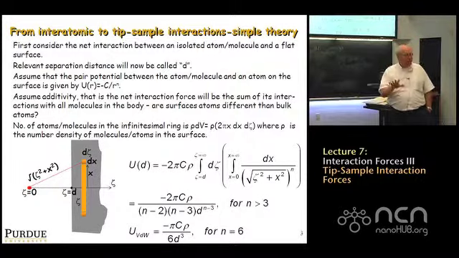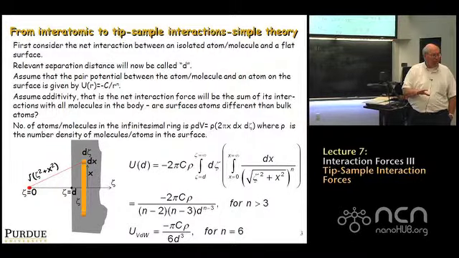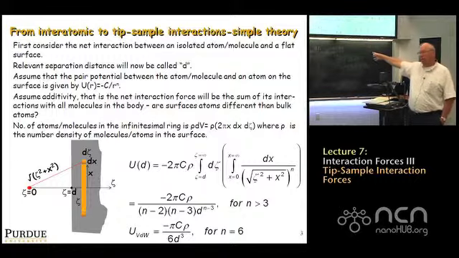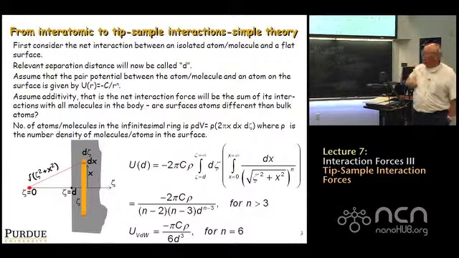That neglects all kinds of things. It neglects the fact that the atoms in the substrate could vary with position. It neglects the fact that atoms on the surface could be completely different from atoms in the bulk. But that's the assumption we're going to make.